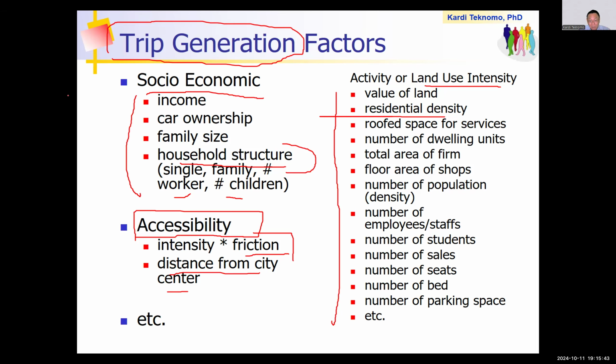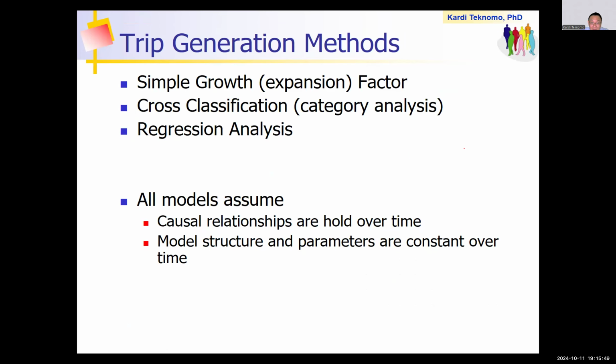Next, let's talk about some simple models. In the past, there were a few proposed models. We can use a simple growth model, cross classification, categorical analysis, or of course regression analysis, which we have learned already. This is probably the best model.